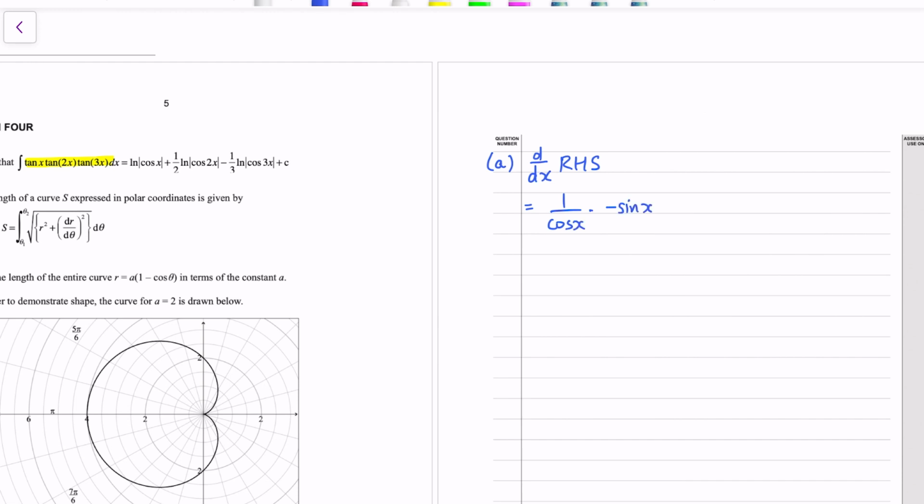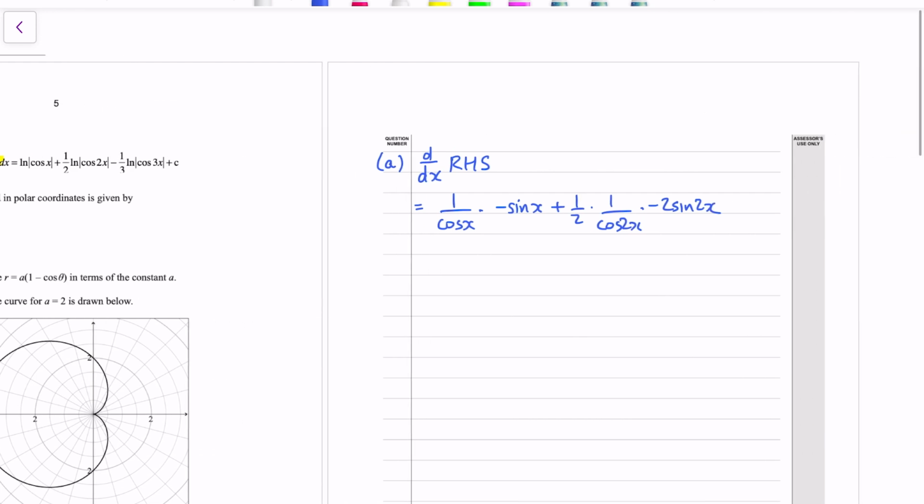Remember, log differentiates to 1 over, but it's 1 over something times something differentiated, plus a half times 1 over cos 2x times the derivative of cos 2x, minus 2 sine 2x, and lastly minus a third times 1 over cos 3x times negative 3 sine 3x. Kind of weird that there's a minus and the other two terms don't, but it turns out that's how we prove it. Tidying this up a little bit, sine over cosine is tan, so we've got minus tan.